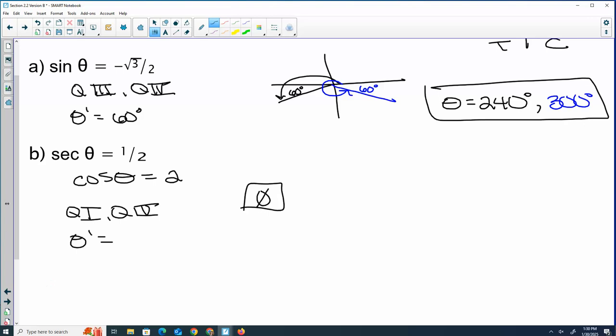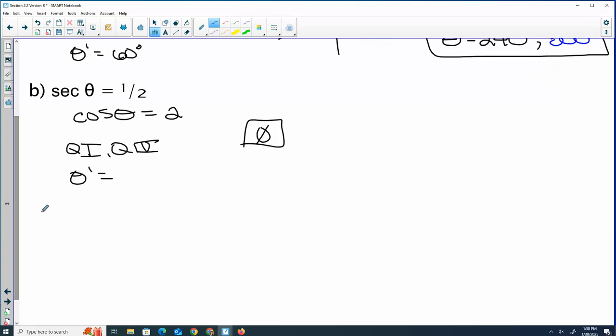Let's do one more. If I said tangent of theta is negative radical 3 over 3. Quadrants.